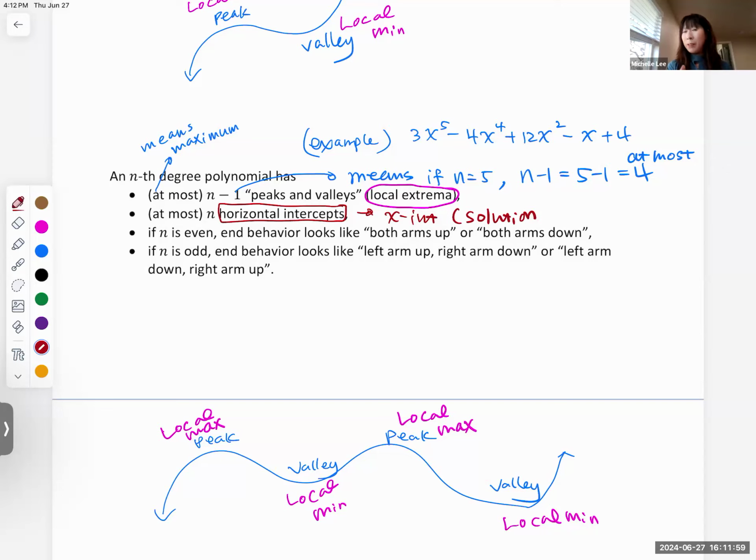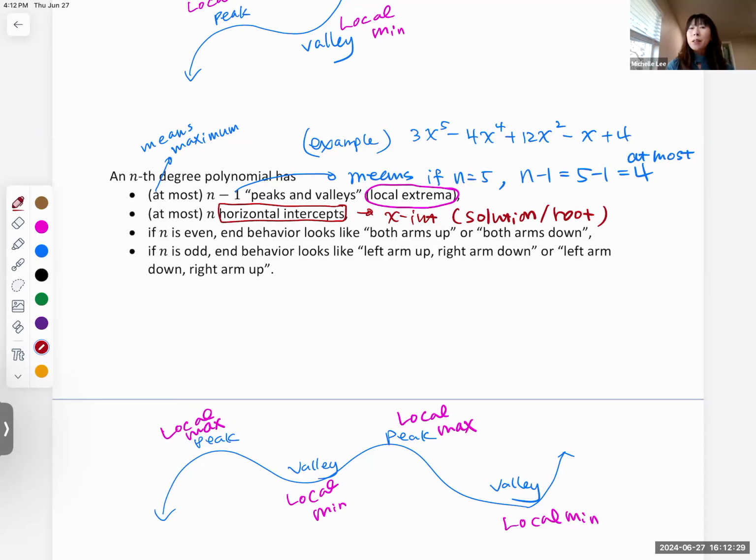That is the same as the x-intercept: x equals some number when y equals 0. That's the horizontal intercept, all right? And a solution, we also call a root. So they are the same: x-intercept, solution, root. Everything on the x-axis. Make sense? That is a horizontal intercept.